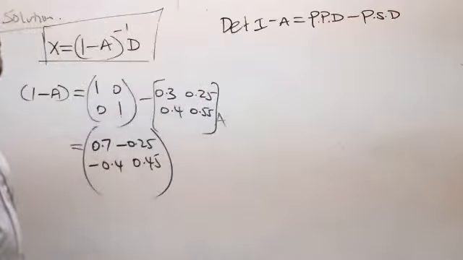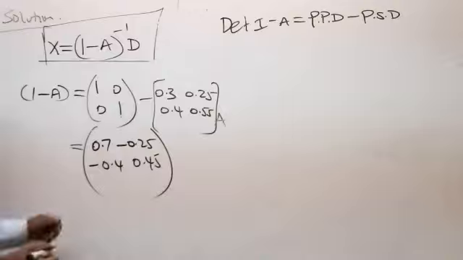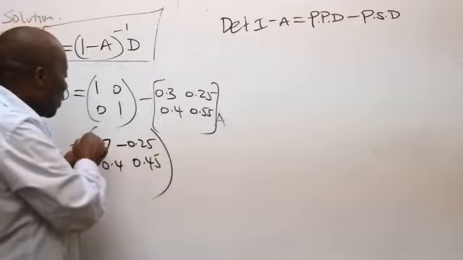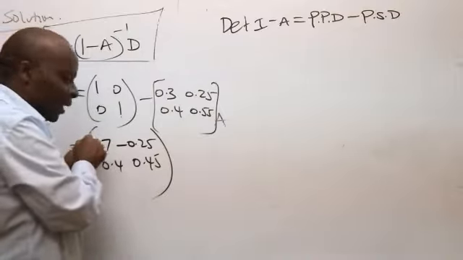It is the product of the primary diagonal minus the product of the secondary diagonal. So the primary diagonal, if you remember your concepts very well, is the one that normally starts from the first element.